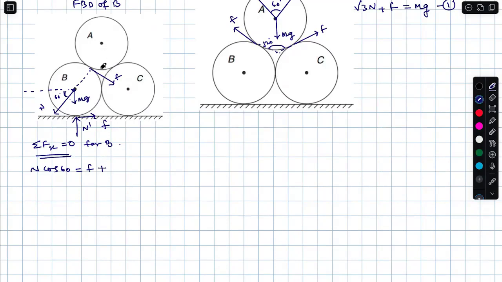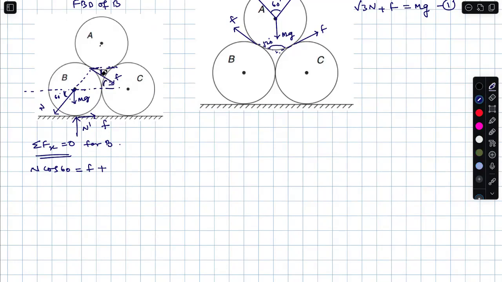What about this F? Can you please help me in identifying the angle? This is 60, this is 90 degrees, this will be 30.